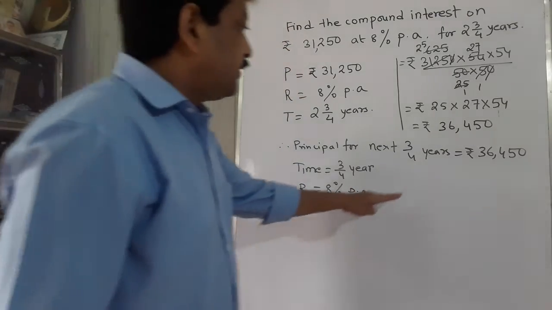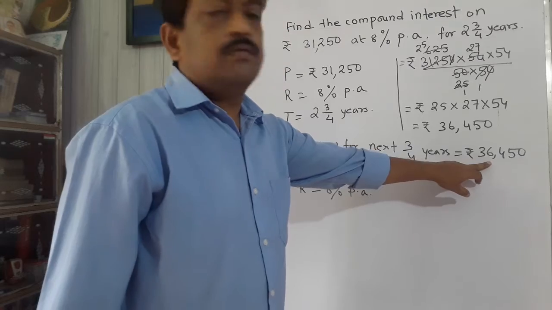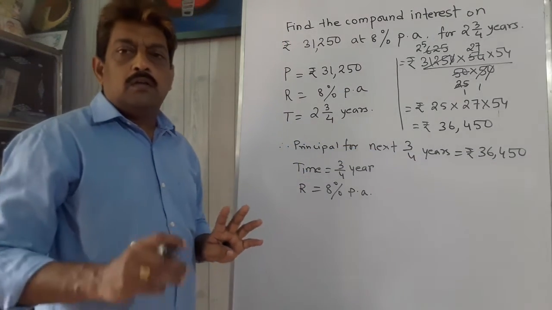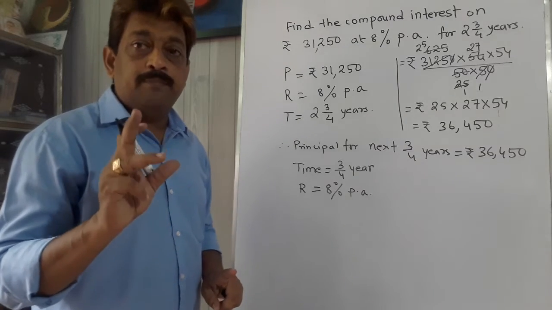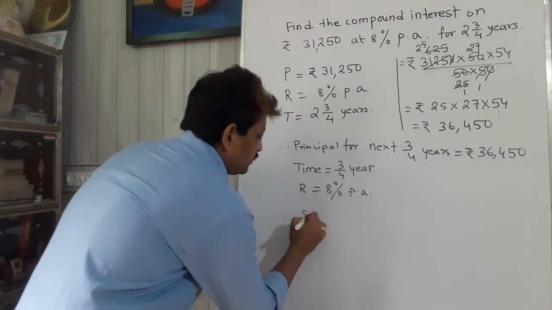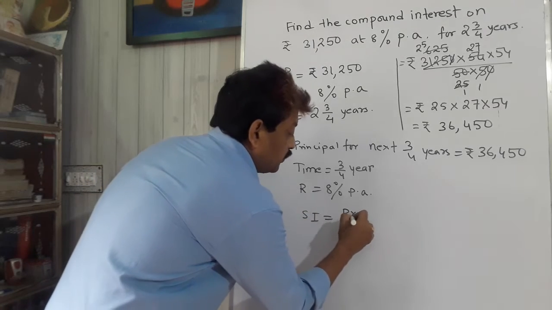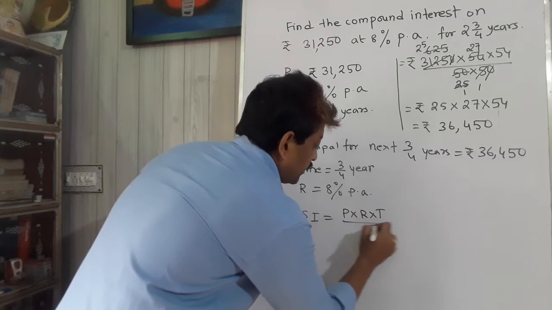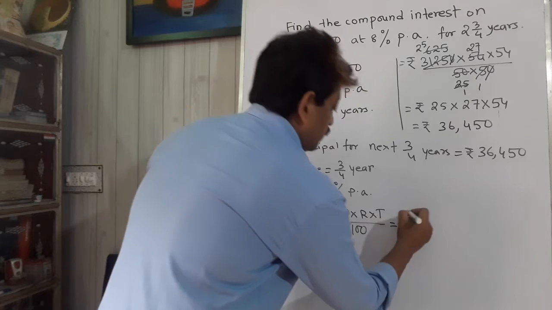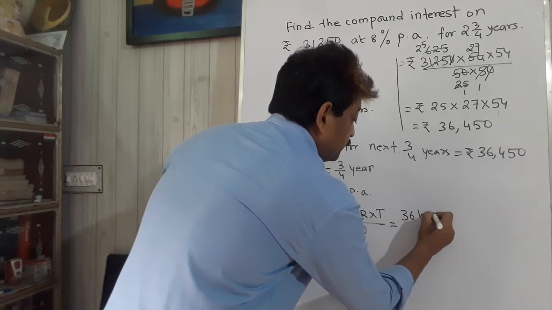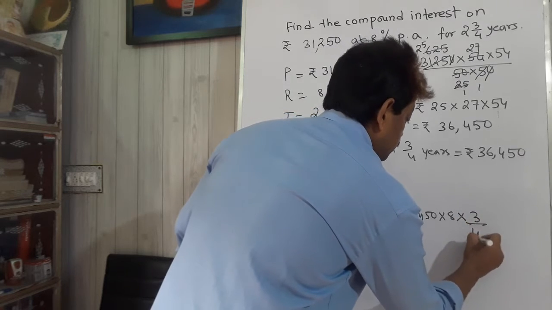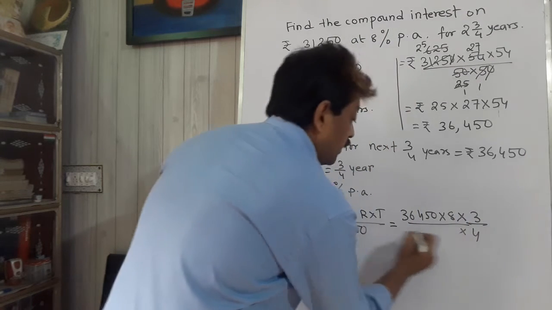Now we have to calculate the interest on this principal. So here we are going to use the formula of simple interest. Remember, you have learned in class 7 that simple interest equals P into R into T divided by 100. So here principal is rupees 36450, rate of interest is 8%, time is 3 by 4 years, divided by 100.